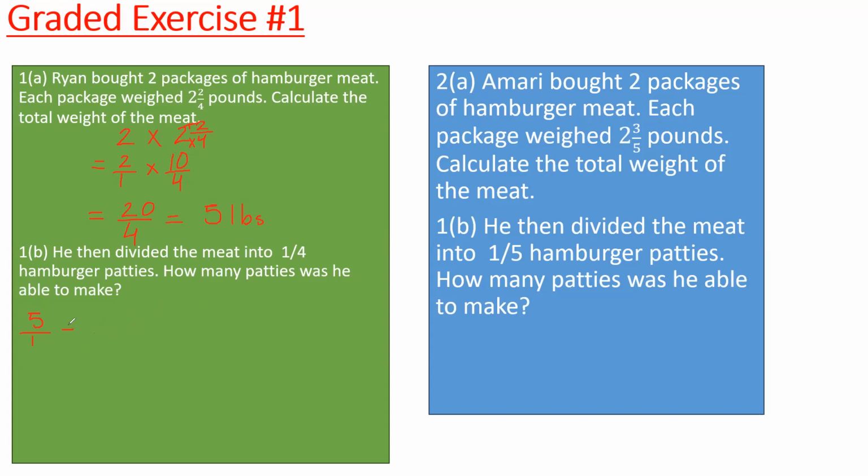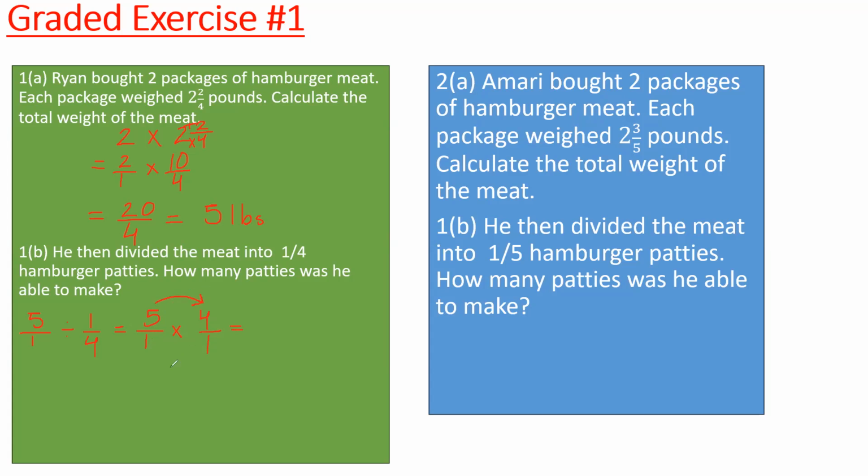For this one, you would keep the 5/1, change the division sign to a multiplication, and flip the 1/4 and make it 4/1. When you multiply 5 times 4, your answer will be 20. So we keep the 5/1, change the division sign into a multiplication sign, and flip the 1/4 into 4/1, right? Now, what is 5 times 4? That's going to be what?